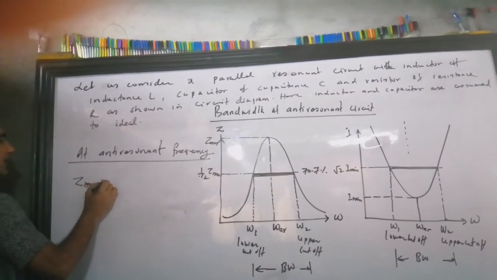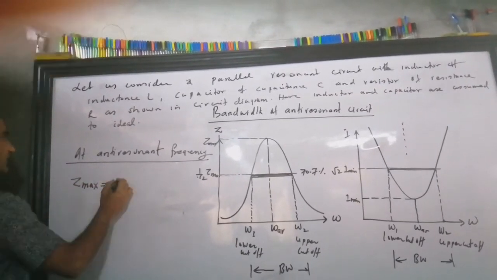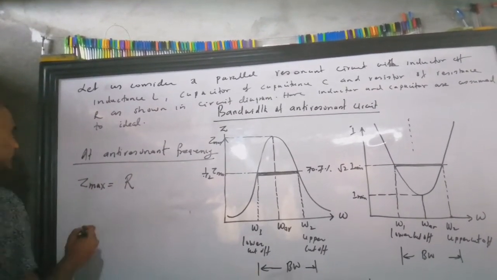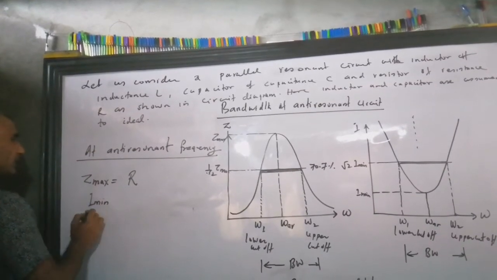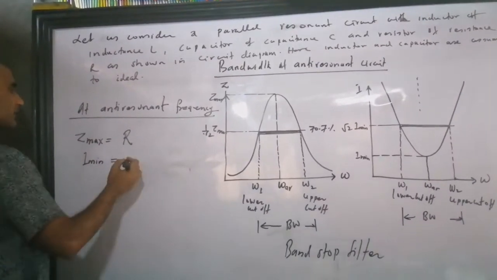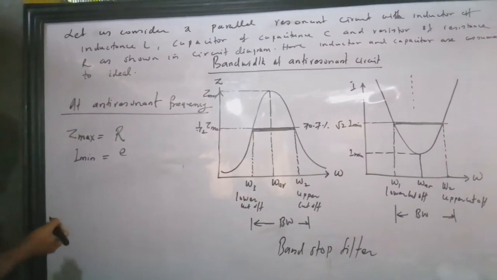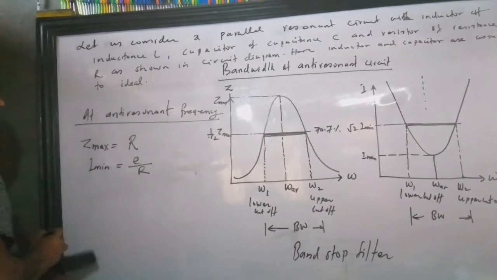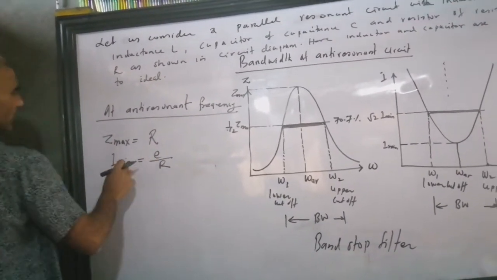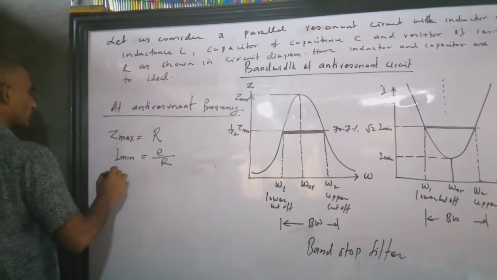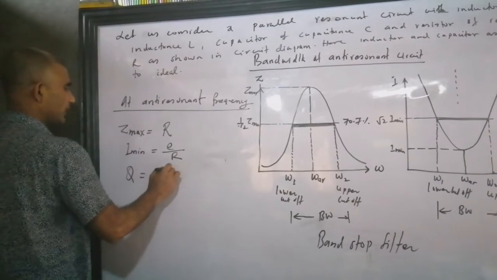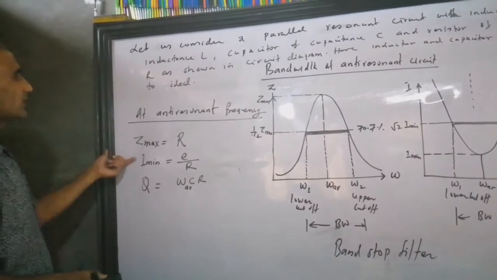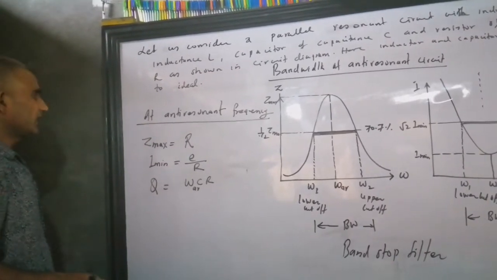Impedance becomes maximum, and that maximum value of impedance was R. Current becomes minimum, and if E is the voltage of the AC source which we have applied, then the minimum current is E by R, in the parallel LCR circuit. Also, the quality factor we found is omega CR at the anti-resonant frequency, and these three things we require to derive the relation.